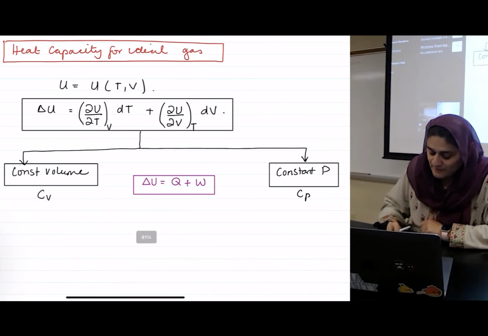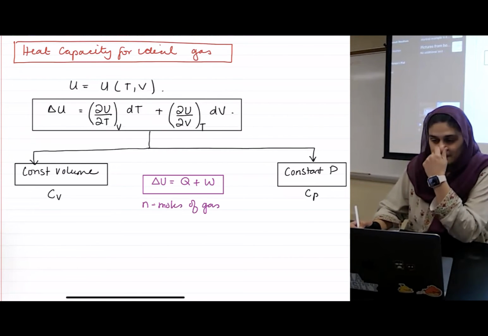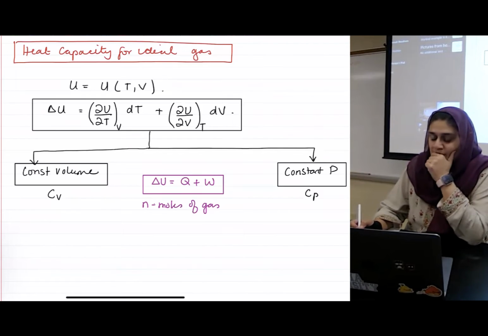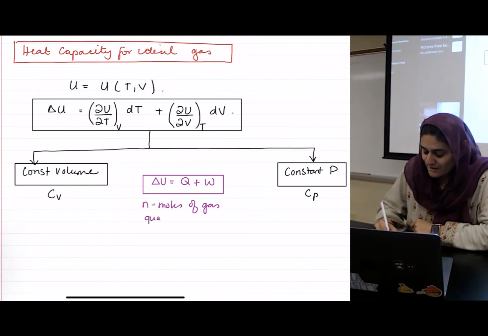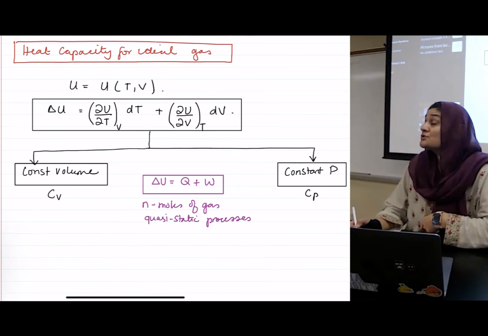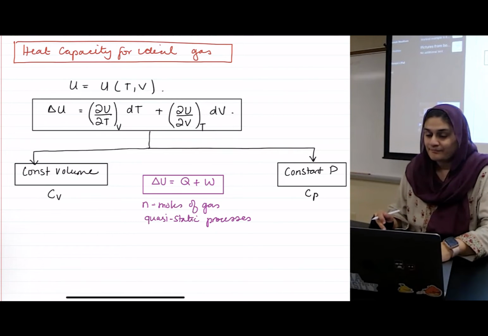Suppose we have N moles of an ideal gas. And number two, we are talking about quasi-static processes. What does that mean? Processes so slow that they reach equilibrium at all points.